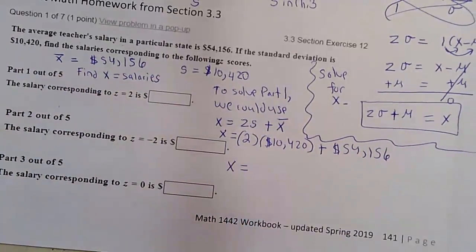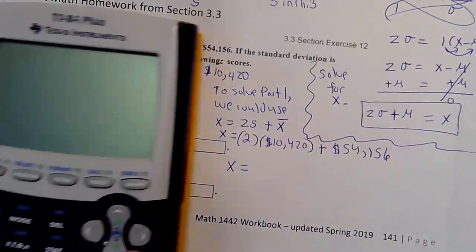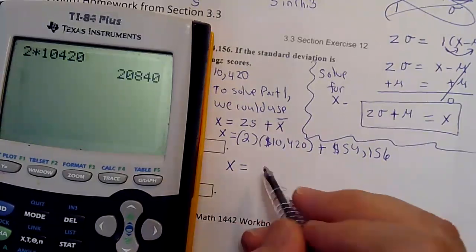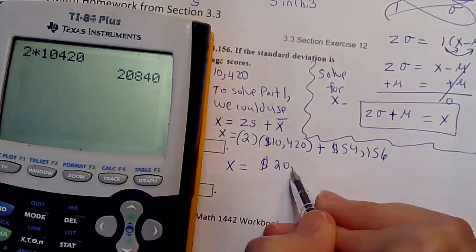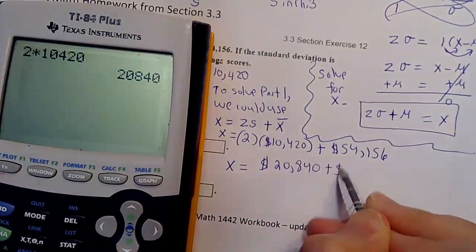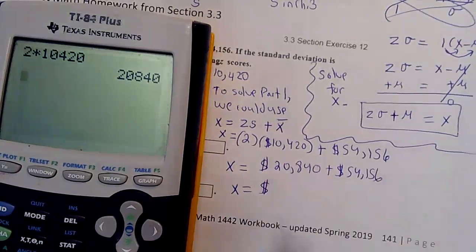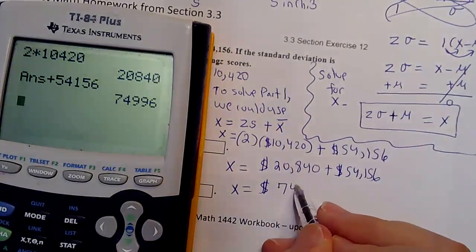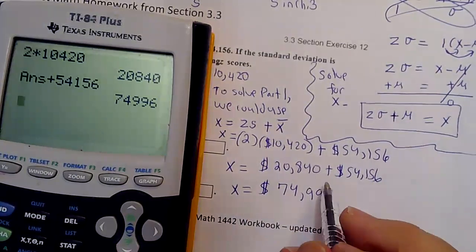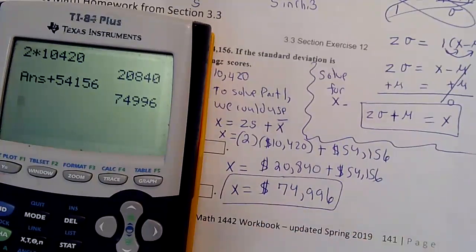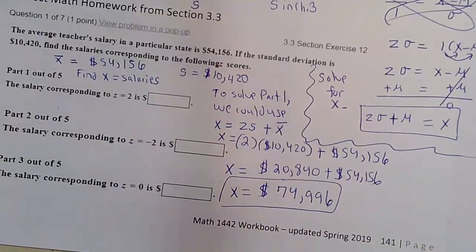So 2 times 10,420 is 20,840, plus 54,156. And that gives me 74,996. Okay. All right.